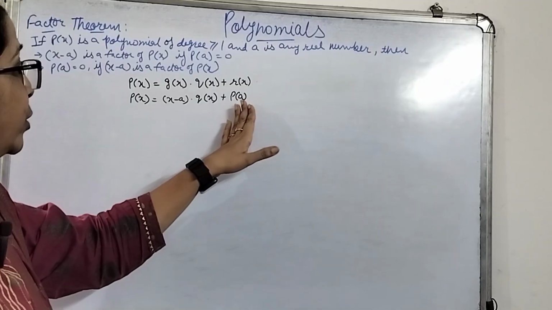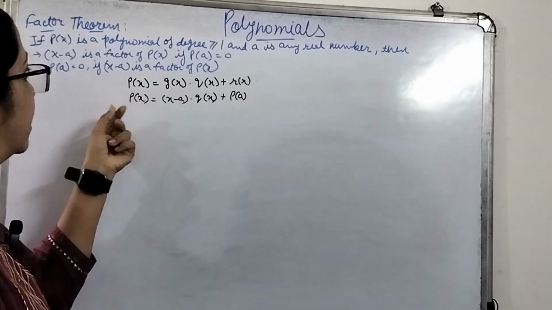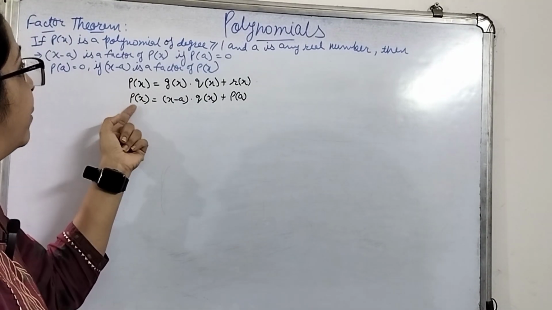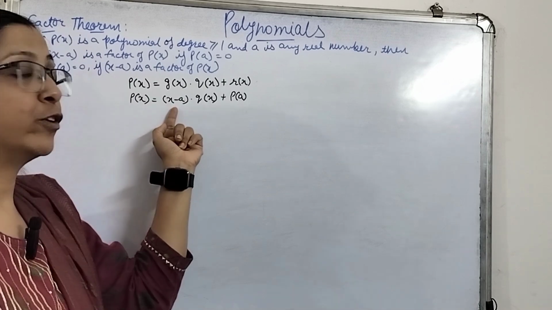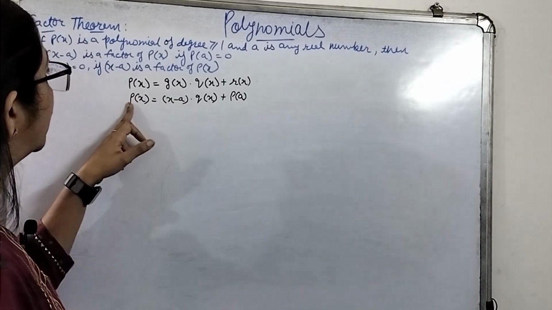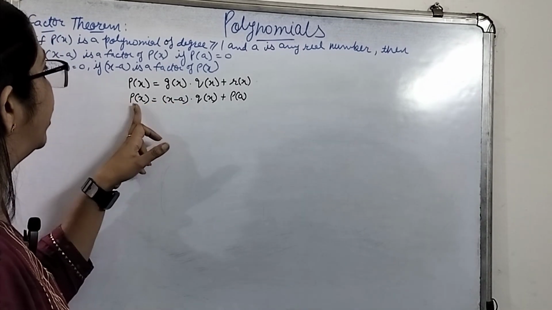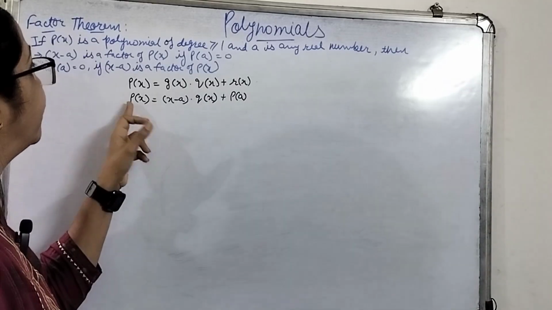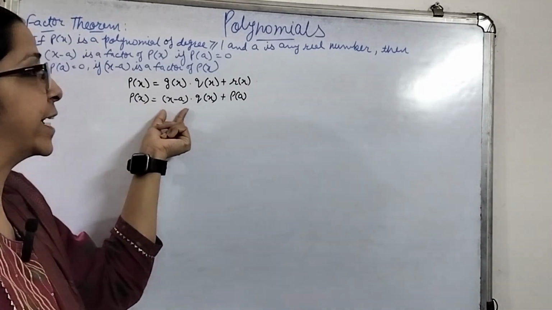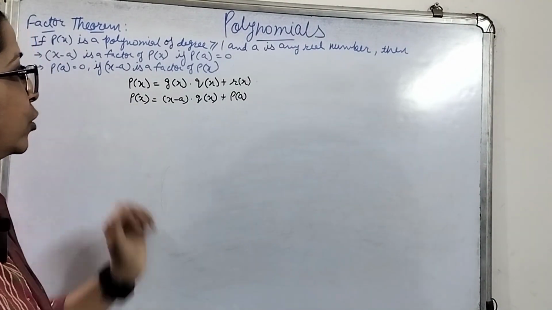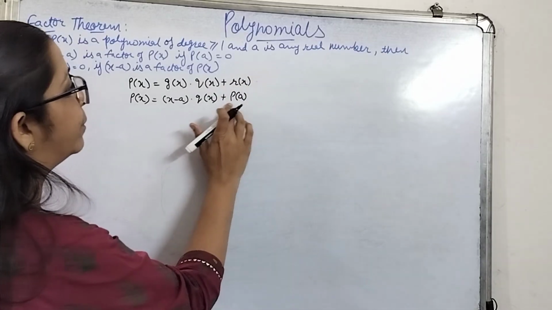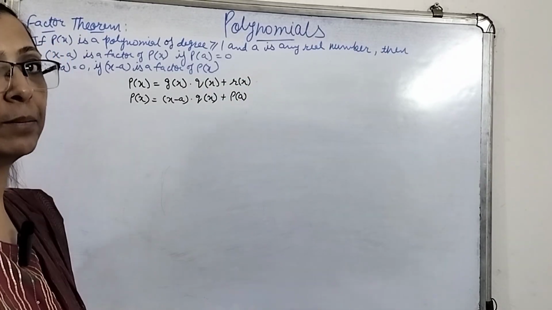That means if we replace the x of this polynomial by a, which is the zero of the divisor, then whatever value we get will be the remainder of the division of p(x) by x minus a. In the remainder theorem we have seen that p(a) will be the remainder.